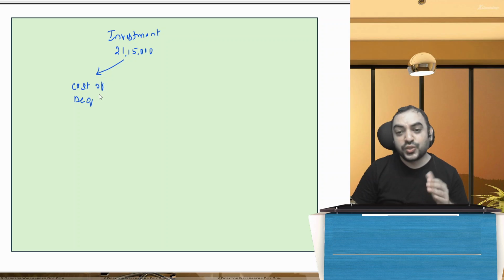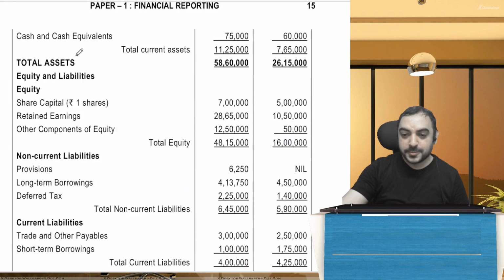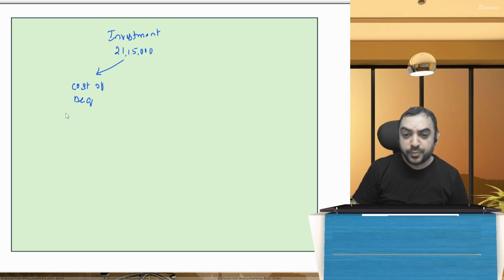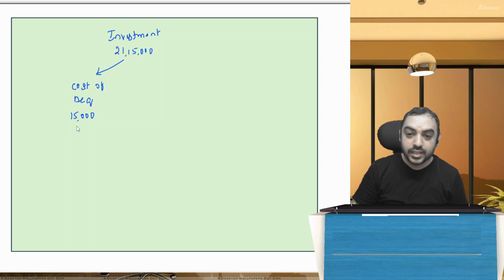As per Ind AS 103, it should be taken to P&L. Cost of acquisition, that is the professional valuer, how much have they paid? 15 million, but I want to convert into 1000, so it becomes 15,000. I told you, million into 1000, 3 zeros will come as extra.